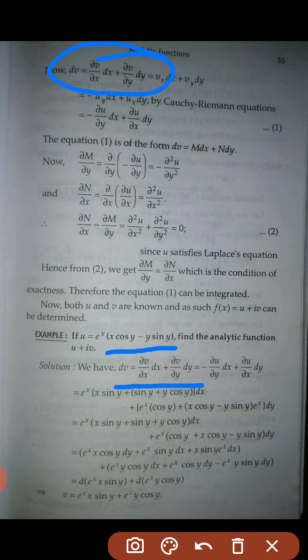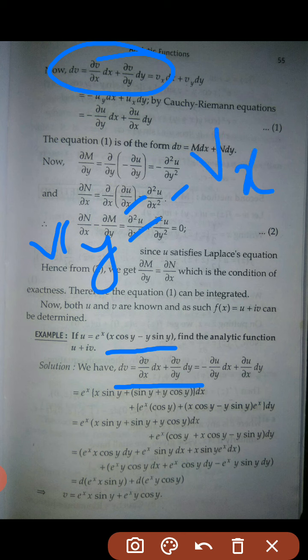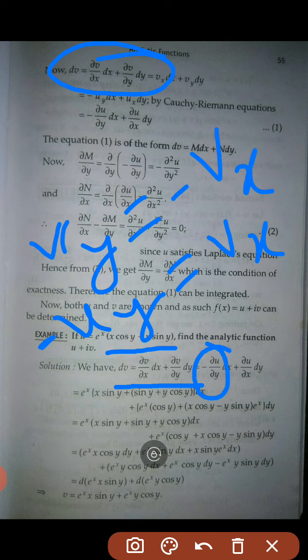And by the Cauchy-Riemann equation, we have u_y equals minus v_x. So we can write minus u_y equals v_x. Therefore, we write here minus del u by del y in place of del v by del x.